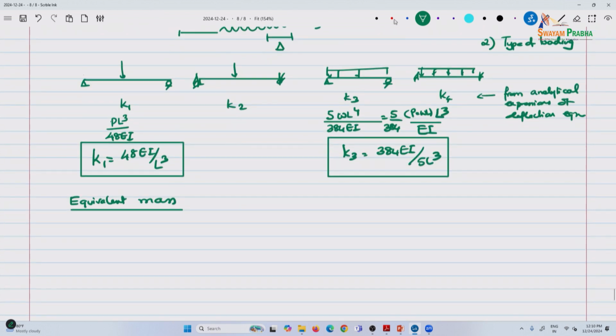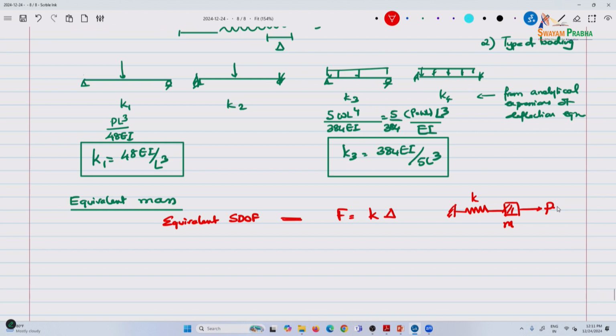So, when you have a system, when we say an equivalent SDOF, we are basically representing this as F is equal to K delta, and what we are saying is, in this system you have a mass that is concentrated, you have a stiffness, and you have a force, let us say.